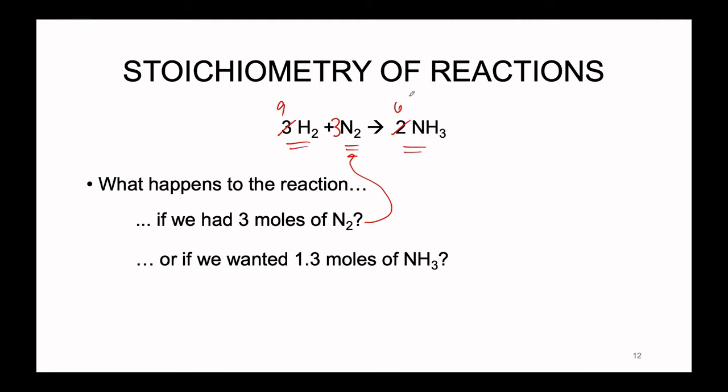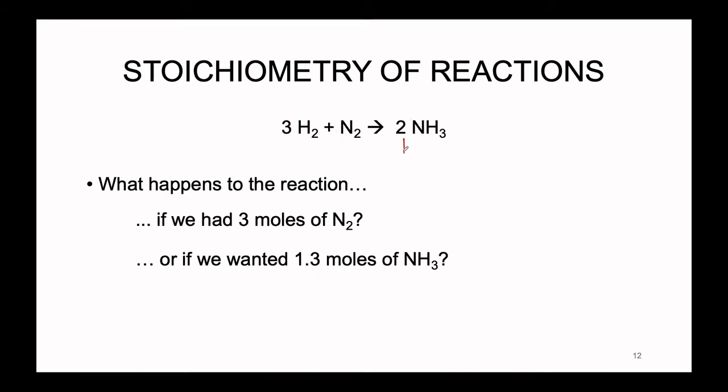However, what if we only wanted 1.3 moles of ammonia? Here we can see we're going to be incorporating some decimals, and it's always the decimals that seem to trick people into thinking that chemical equations are more complicated than baking recipes. They're not. So if we want 1.3 moles of our product, I'm just going to clean this up a little bit again.